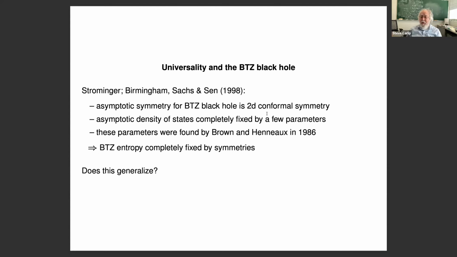If only we knew the right parameters, we could work out the density of states, having forgotten that Brown and Henneaux worked this out while Brown was a fellow graduate student. But Strominger and Birmingham, Sachs, and Sen found it. So that's fine. That's what matters.